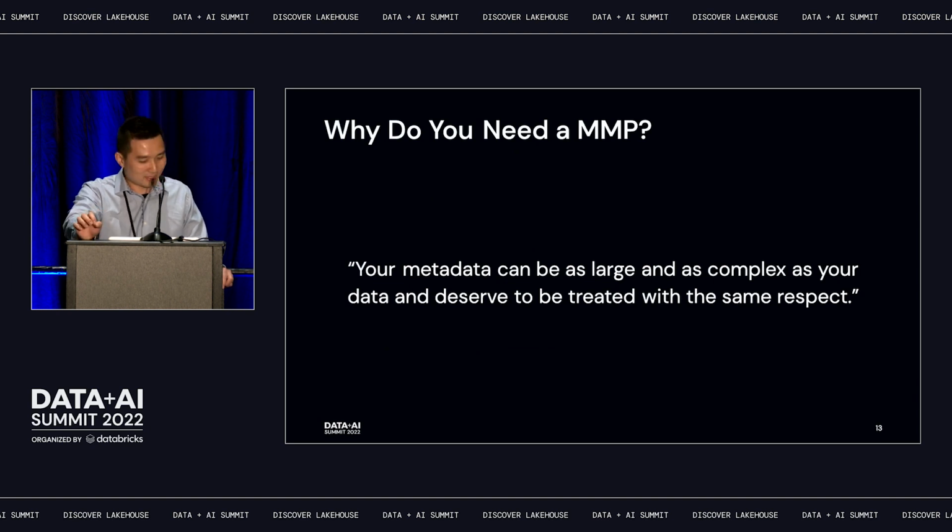So to summarize in one sentence, the reason why you need a modern metadata platform is because your metadata can be as complex and as big as your data, and it deserves the right kind of treatment as well. Just trying to stick it into a MySQL or Postgres DB is no longer going to be sufficient.